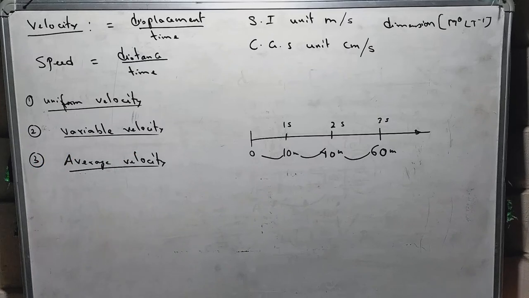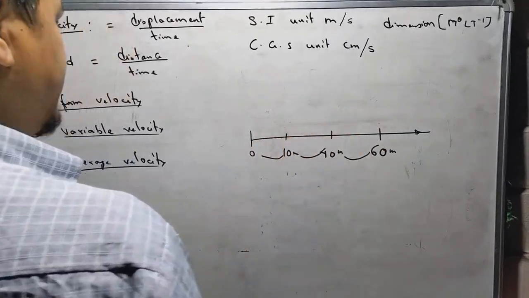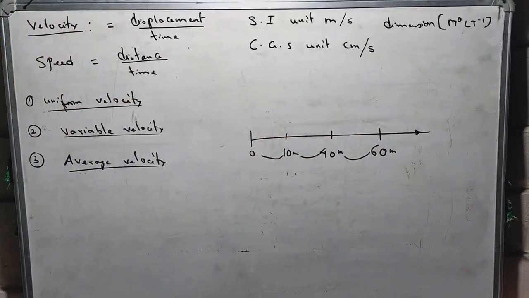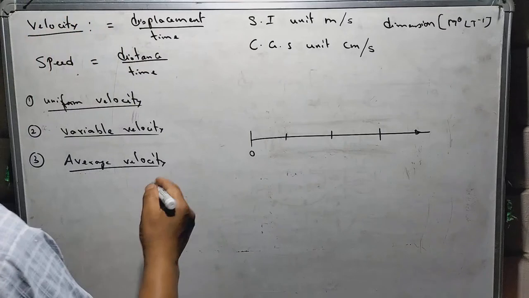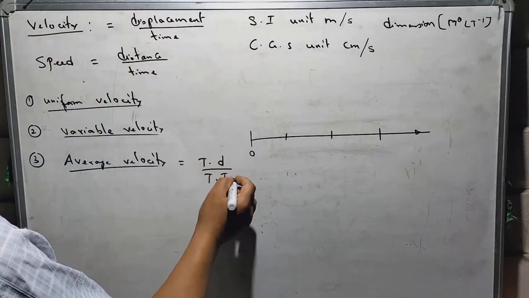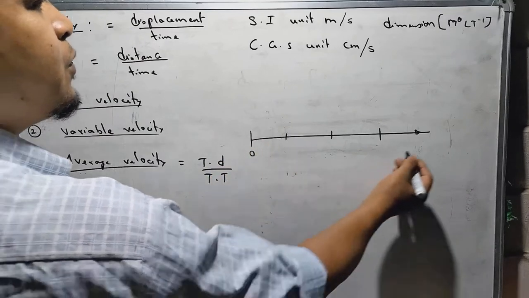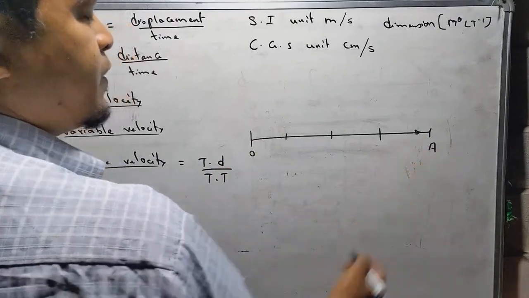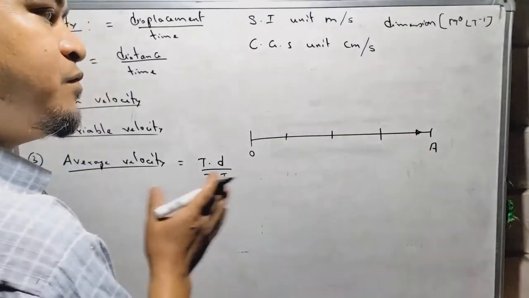Next is average velocity. For average velocity, we define it in the same way as for speed. This average velocity is defined as the total displacement upon the total time taken. If the car starts from point O to a point A, it moves along a straight line. So this is the direction of displacement.